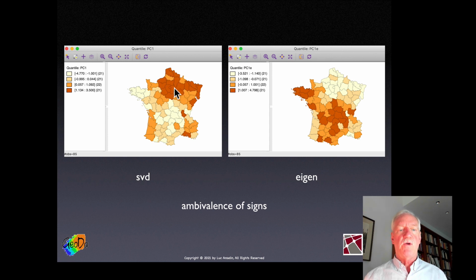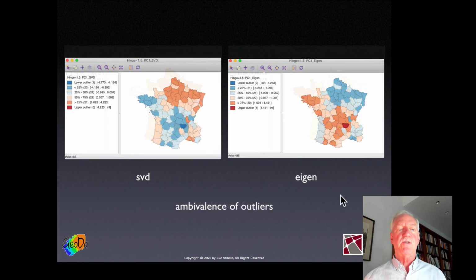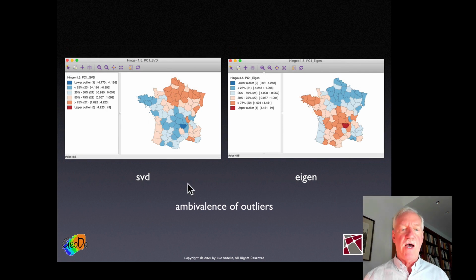So this region here of dark brown is the same as this region of light yellow, but it's a different color. So what is the top quartile here is actually the bottom quartile there. And similarly, if you do a box map and you find outliers, this is a lower outlier here, that is actually an upper outlier in the other method.